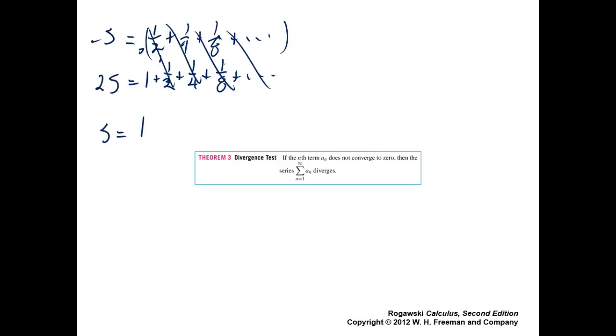Okay? What if this was your series? S is equal to 1 plus 2 plus 4 plus 8 plus 16. Do you think that converges? No, no way. It's going to infinity really fast.